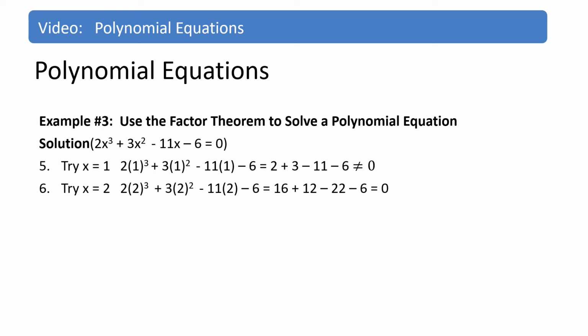We will try 2. Substitute it in for x, and we will get 16 + 12 - 22 - 6. Oh, it does equal 0. So we know then that x = 2 is a root, and this means that we can use the factor x - 2.